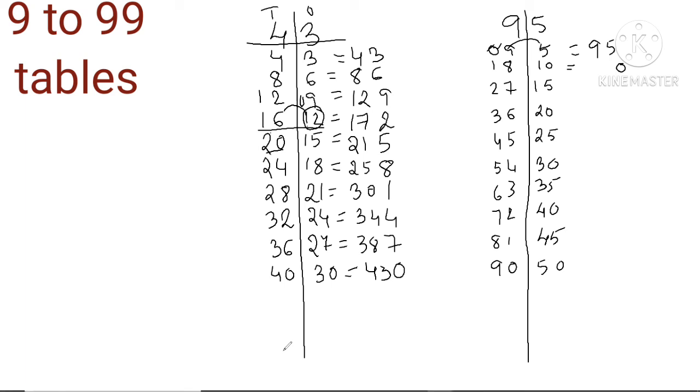18 plus 1, that is 19. 5 you write down as it is. 27 plus 1, 28.